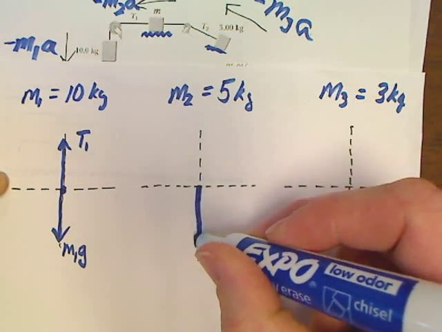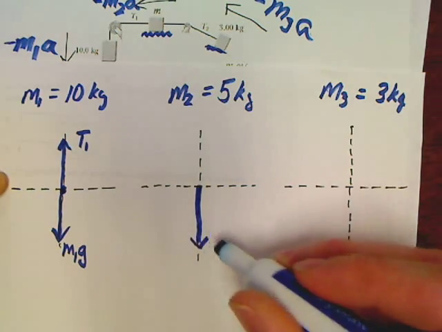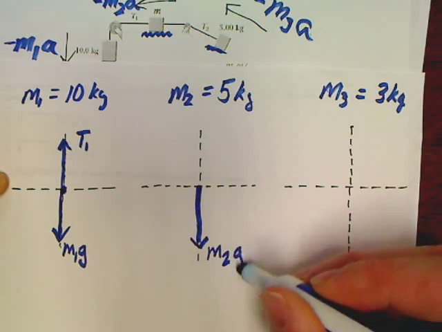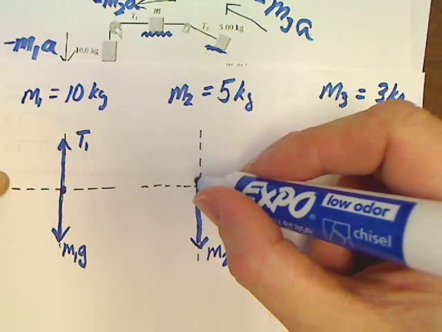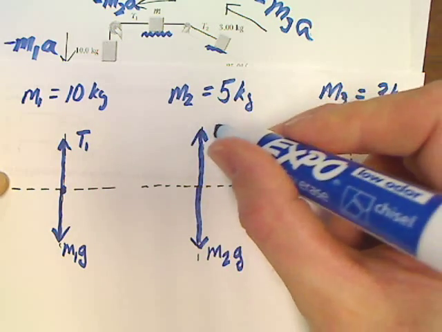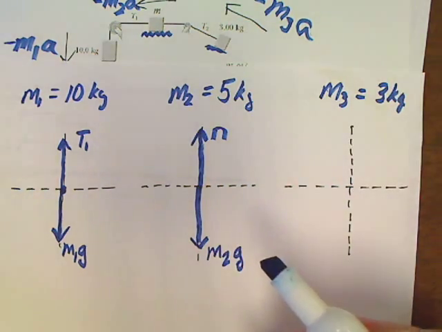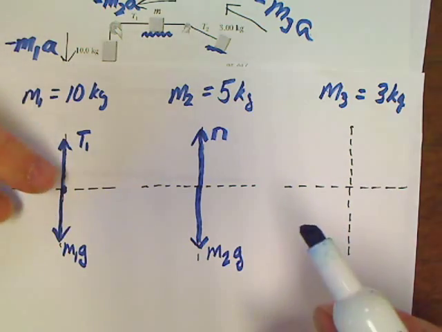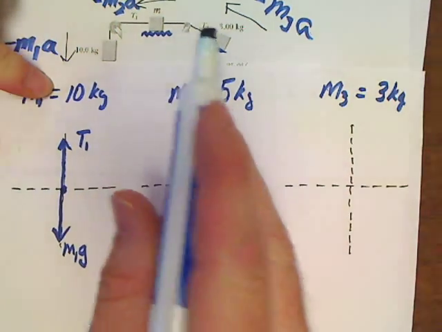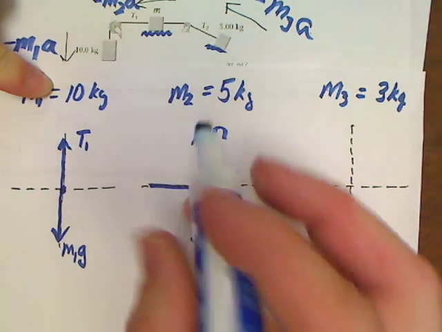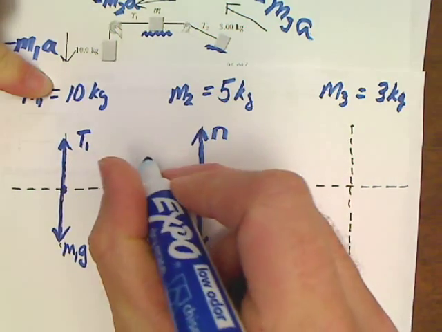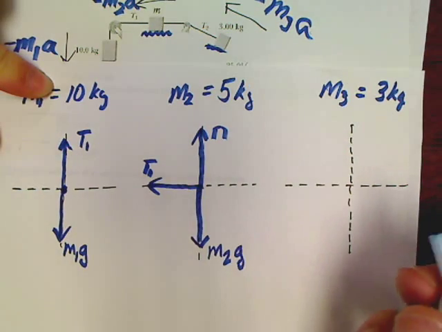There's going to be, going down, an M2G. It's sitting on top of something, so that means that there is a normal force in this problem. Now, this is where you got to be careful. There's a rope attached to the left, so that means to the left, I've got a T1.